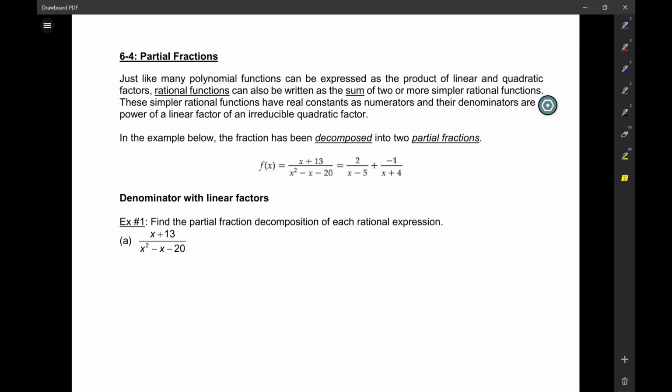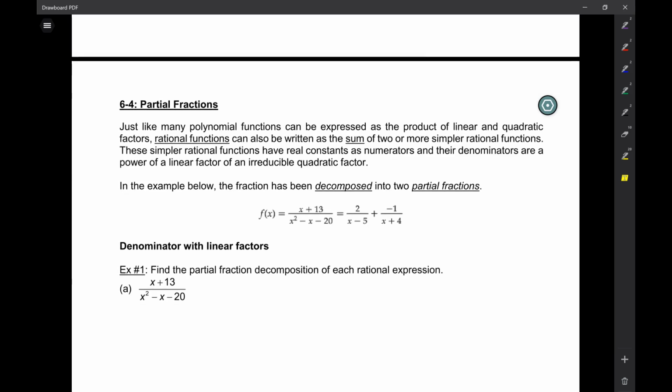Okay, so we're talking about partial fractions today. You've been used to factoring forever now, right? So if you have x squared plus 5x plus 6, you can break that down into its factors and write it in terms of its factors.